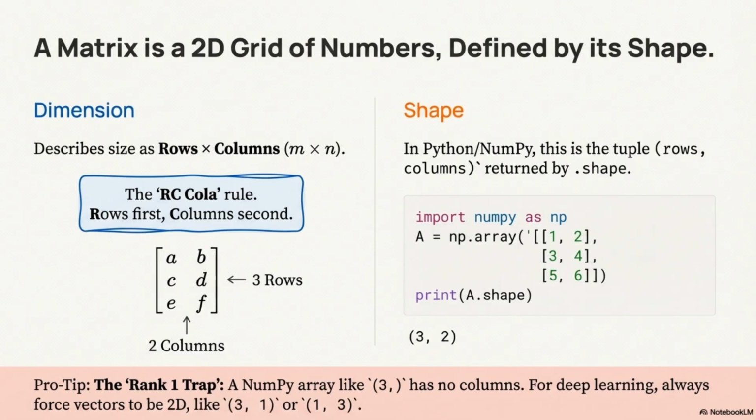The shape would be (3, 2), which means exactly the same thing, 3 rows, 2 columns. One common trap is a so-called rank 1 array, which has a shape that only says 3. It is not clearly a row or a column. For deep learning work, we prefer our data to be true two-dimensional matrices, so shapes like 3 by 1 or 1 by 3 are much safer.